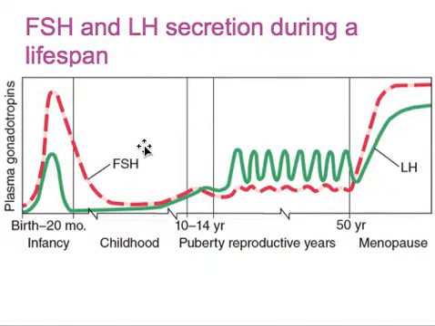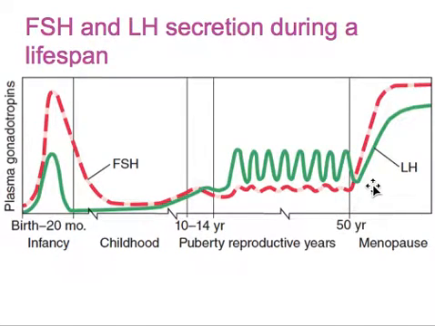They are increased during the neonatal years but go through a period of childhood quiescence where there's not much development of your reproductive system until your internal clock turns on the onset of your puberty. During puberty, it will start to increase and will start cyclic fluctuations during the entire reproductive years.